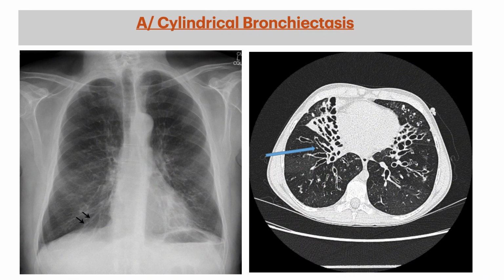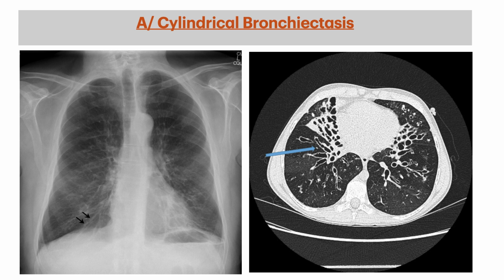Then we're gonna move on to radiological features, starting with cylindrical type. And here we have 2 images on X-ray and on CT. So starting with features of X-ray, where we see some dilated bronchi, which may produce a tram track appearance formed by parallel thickened bronchial walls.